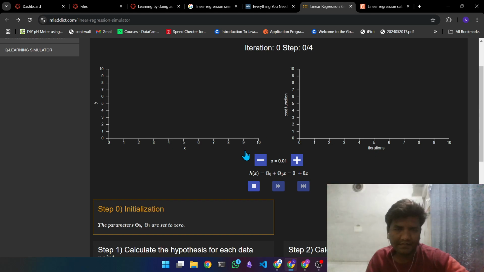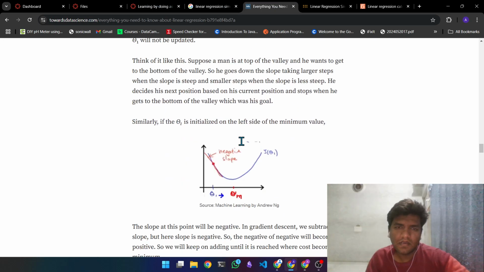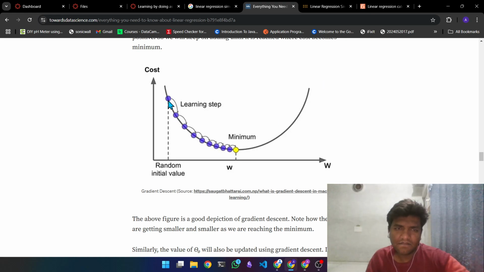So this is the site ML Addict. Good site, I believe. So let me show you the simulation part. Over here, we will have the cost function and iterations. This will show the graph, precisely the dotted values that we have here.